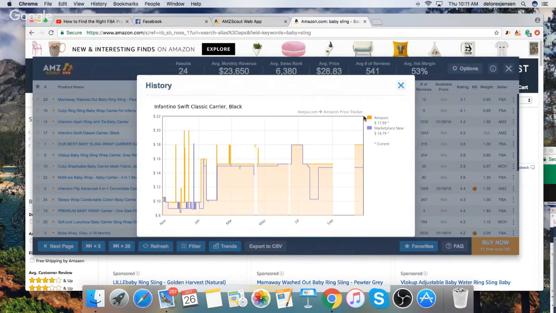But yeah, this is exactly what, back in the old days before these software tools were established, I was just watching a video yesterday of an Amazon seller who's been around for 4 years, and he said before these tools, this is the kind of thing you would have to go look up on Camelcamelcamel to see the price history over time.